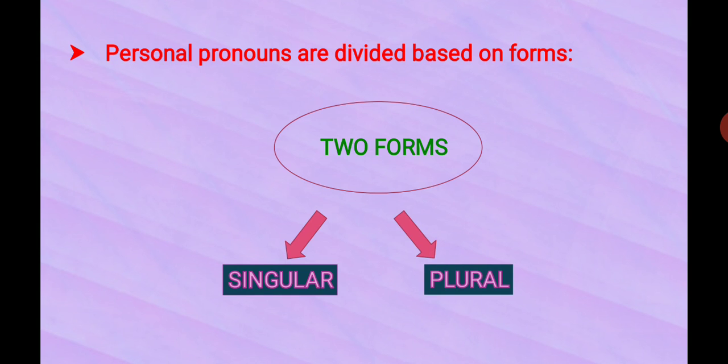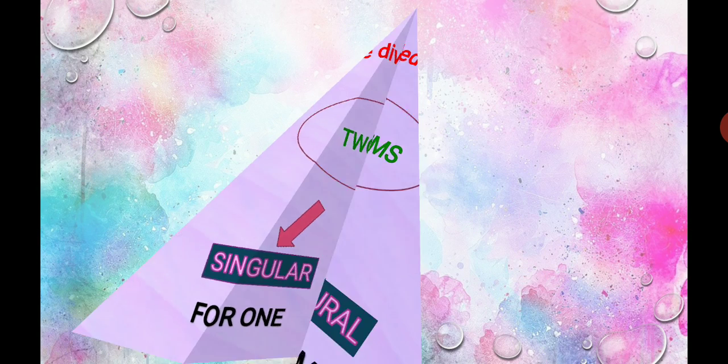And we already know that we use singular form for one noun and plural form for many, more than one. Understand? So personal pronouns are divided by point of view in three ways: first person, second person, and third person. Here we divide based on forms. Which are they? Singular form, plural form. Singular form is used for one and plural form is used for many.